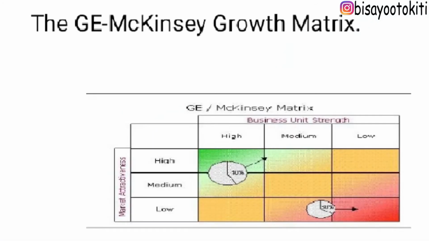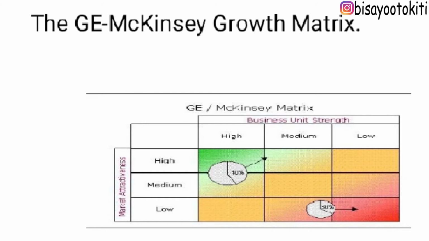The idea was also from the BCG matrix, but in a different way, where the BCG matrix had market share and market growth. The General Electric McKinsey matrix has business unit strength and market attractiveness.